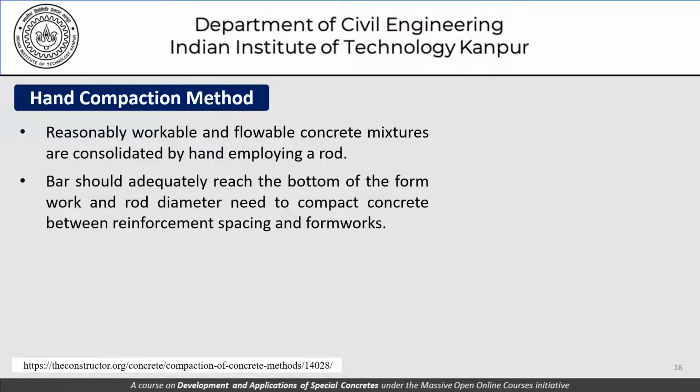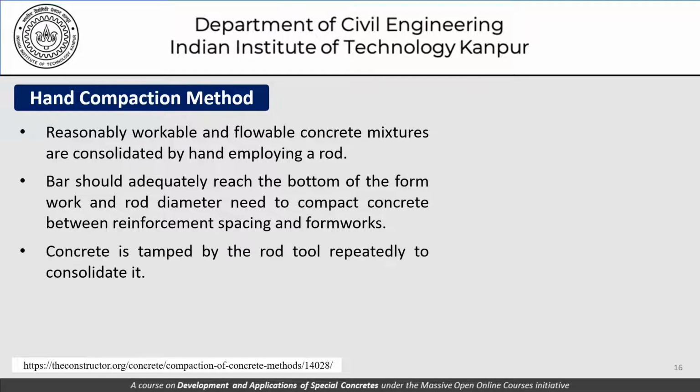Of course, if we use a very thin rod, things become very difficult because the rods then tend to bend on their own. So that's where some kind of skill is required to choose the right kind of poking or rodding methods. The concrete is stamped by the rod tool repeatedly to consolidate it.